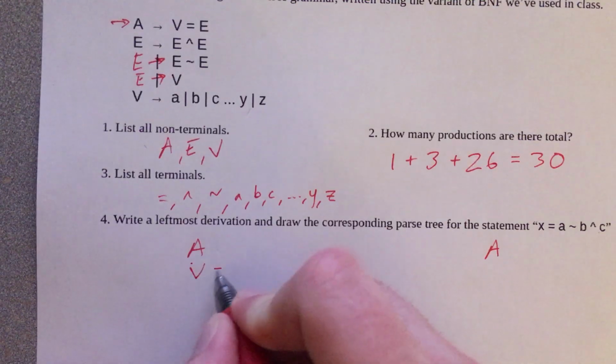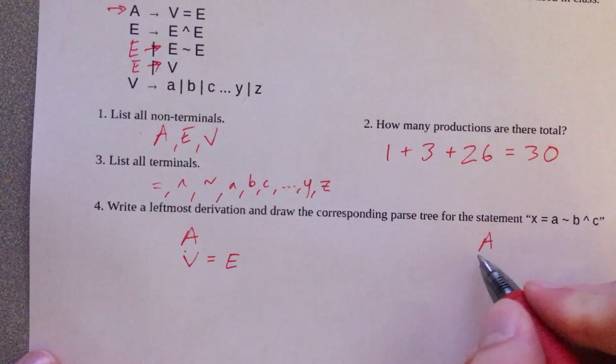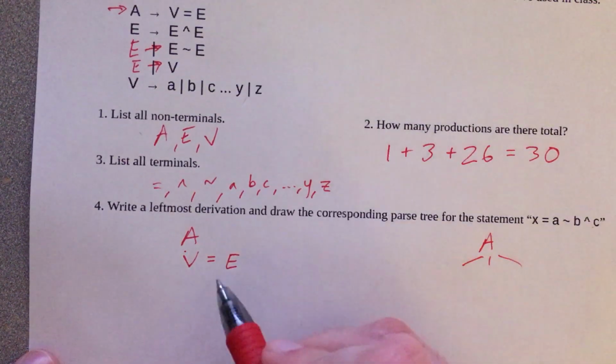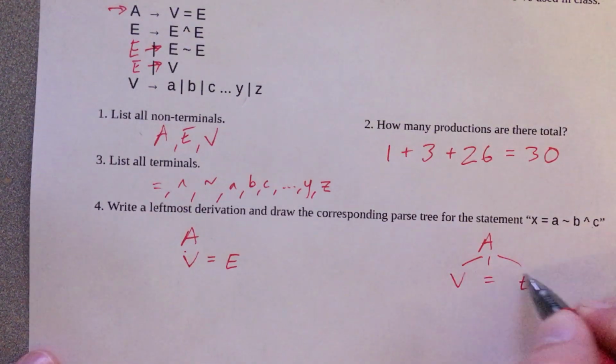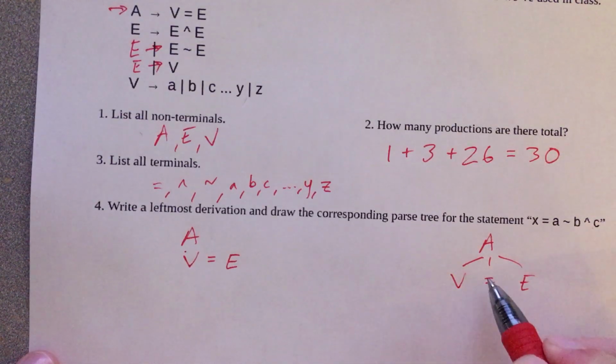So A becomes V equals E, and at the same time we can build the parse tree over on the right. So in expanding A to V equals E, V, equals, and E are added as subchildren. So these two are non-terminals and will later get expanded themselves, and then the equals is a terminal that will not be expanded.